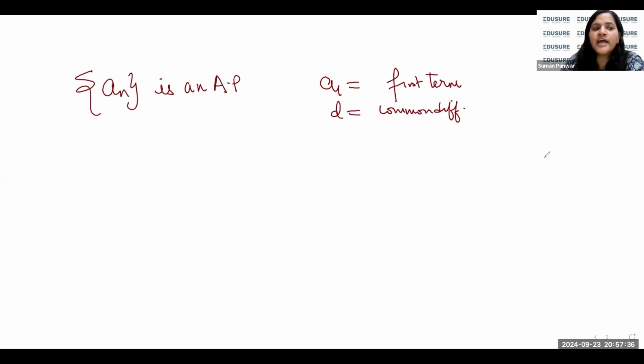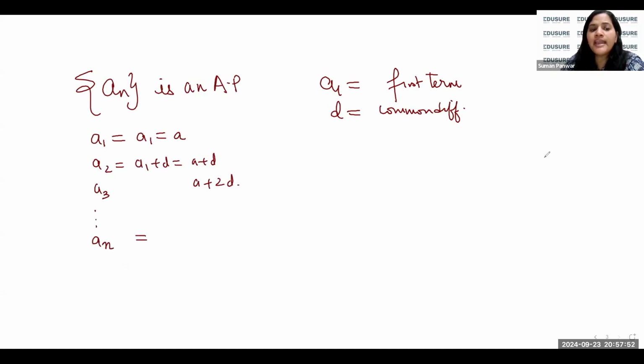You can note that if you call A1 as a, then A2 will be A1 plus d, which is a plus d. A3 will be a plus 2d. This way, the term at the nth place will be a plus (n minus 1)d. So this is the formula.